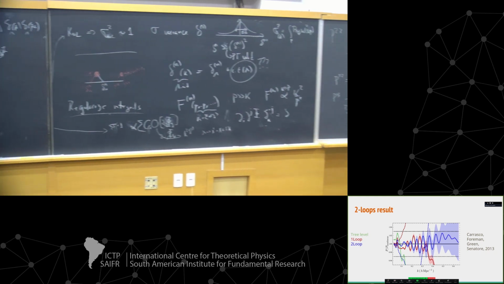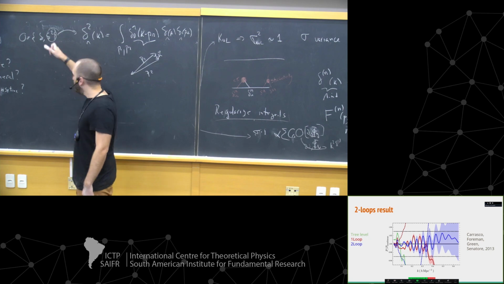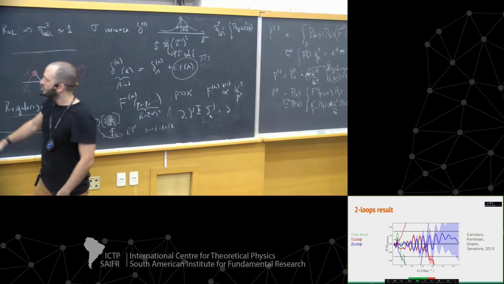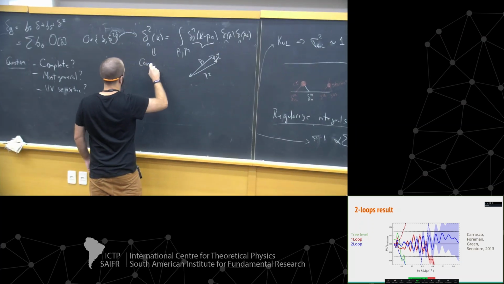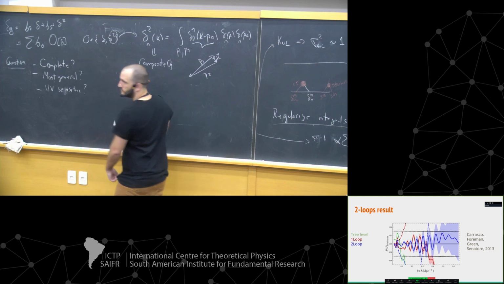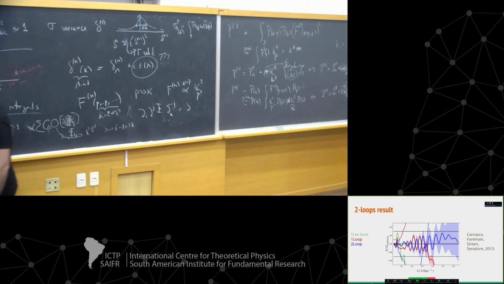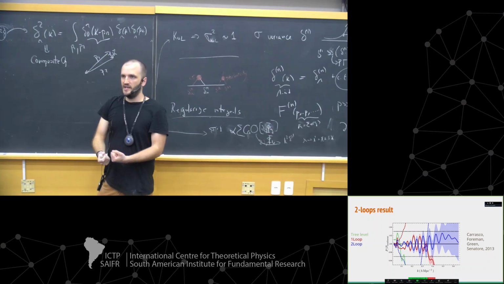So it means that naturally when I write something down that's a delta square here, I have to add these lambdas here. I have to do it. So this is what we call composite operators. In the context of particle physics, we call them composite operators because they're the square of the same field at the same point.